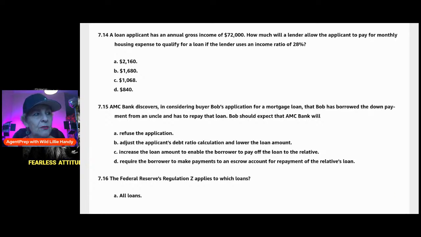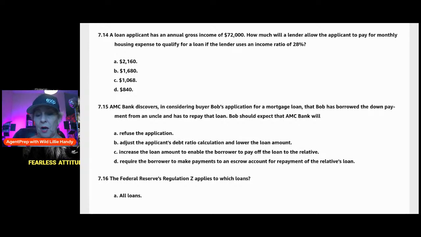So D says require the borrower to make payments to an escrow account. Well, they're going to require that if they have a loan greater than 80%, then the lender is going to require an escrow account. And what's that? Like a little savings account to pay the property taxes and the homeowner's insurance, and not to repay the relative's loan.